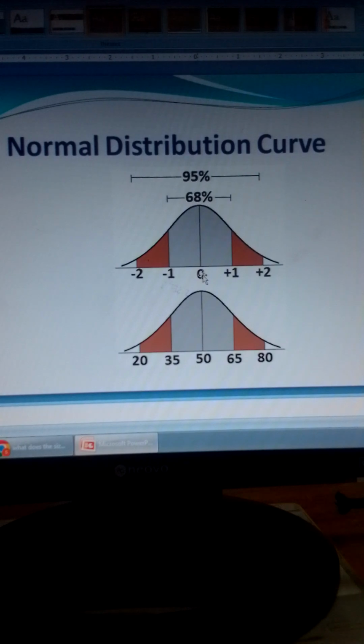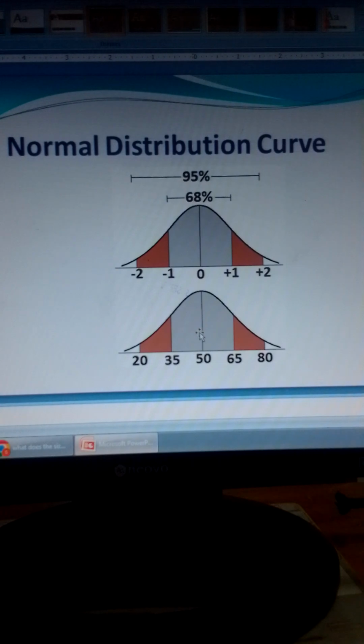Now we find that one standard deviation away from the mean, that is plus 1 and minus 1 from the mean, accounts for 68% of the observations, and a standard deviation of 2 from the mean, that is plus 2 and minus 2 away from the mean, accounts for 95% of the observations.